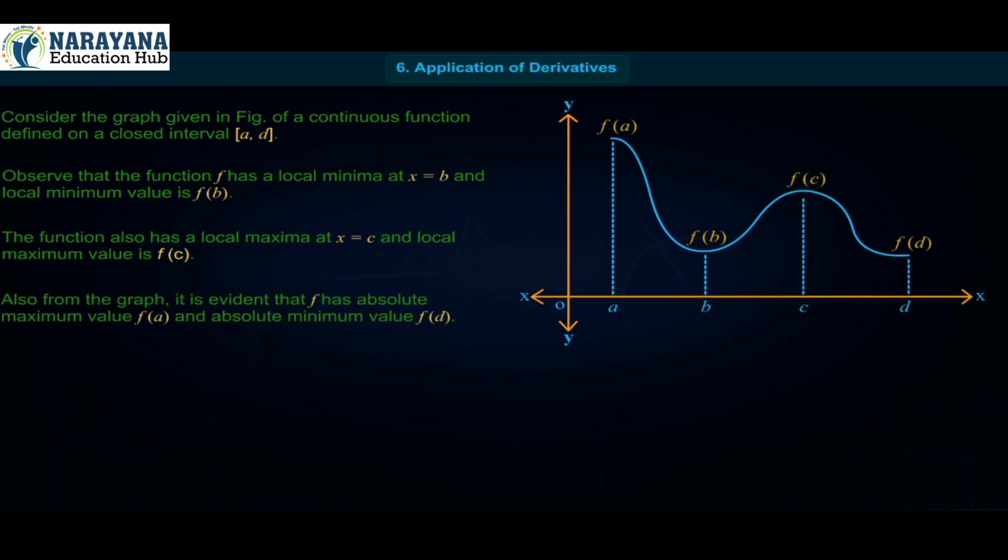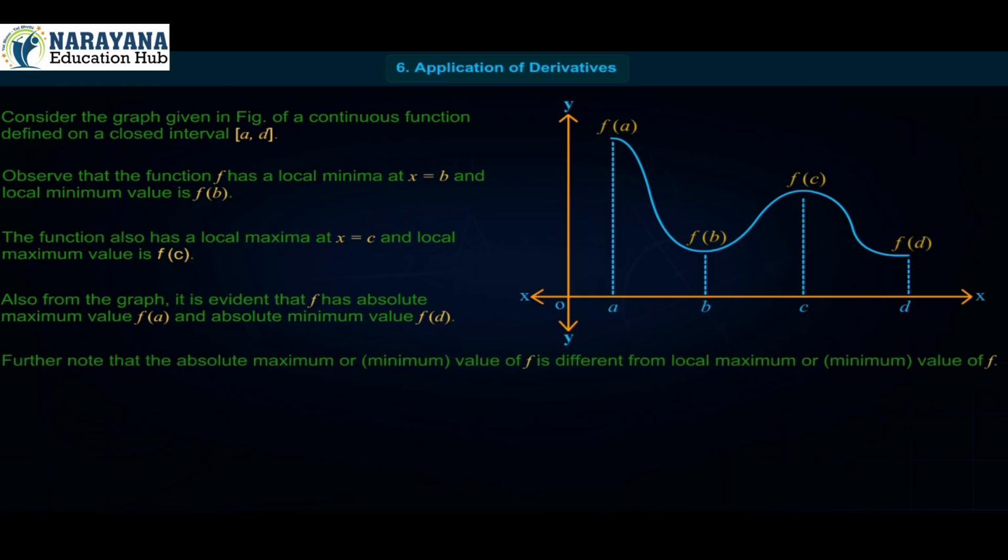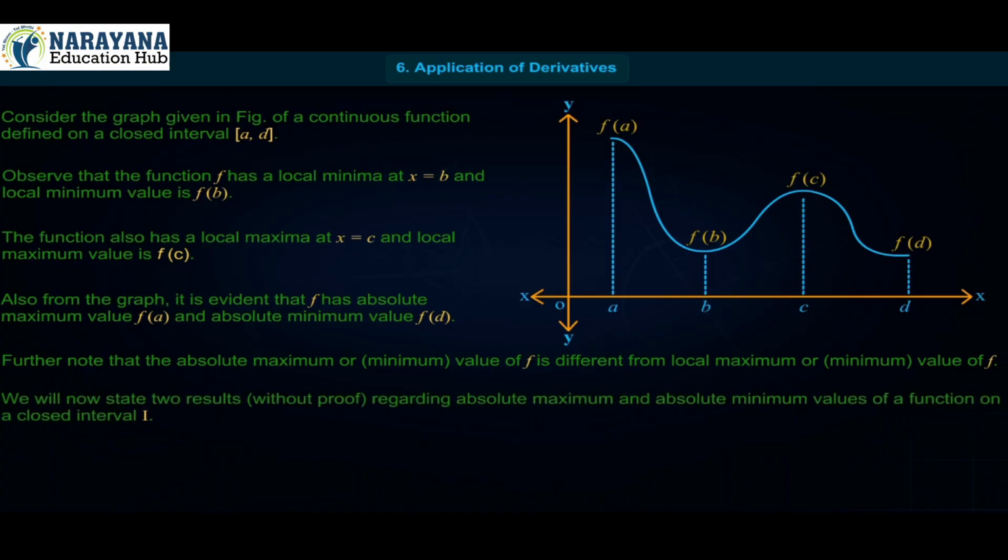Also from the graph, it is evident that f has absolute maximum value f of a and absolute minimum value f of d. Further note that the absolute maximum or minimum value of f is different from the local maximum or minimum value of f.